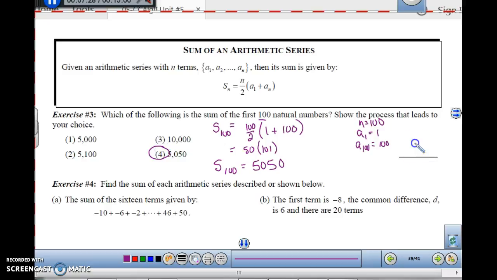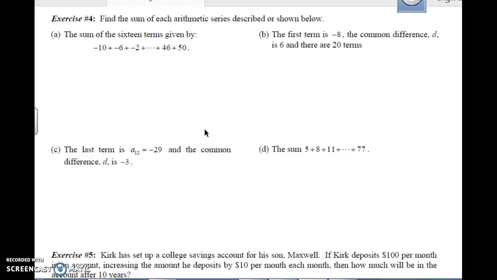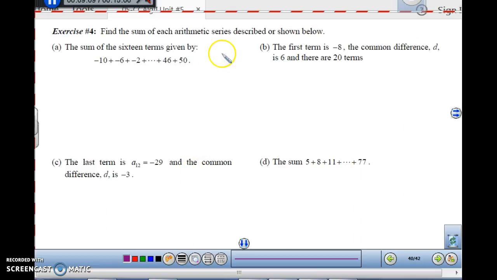And we got it. So if you were to add up the first 100 natural numbers starting at 1, you would end up with 5,050. Handy. Rather than having to type them all in your calculator, that goes really quickly. All right, so let's find the sum of each arithmetic series described or shown below.